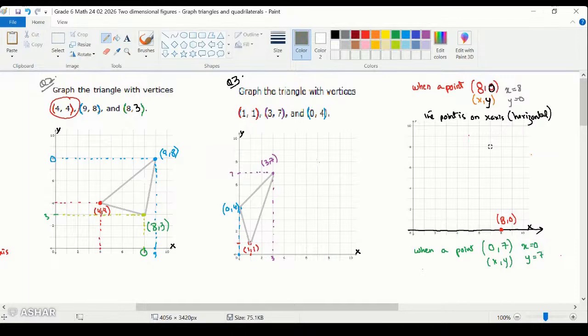So what we can say is the point or the vertex is on the y-axis. The y-axis is the vertical, and this is our y-axis, the vertical axis. So 0 comma 7 would mean x was 0 and y was 7.